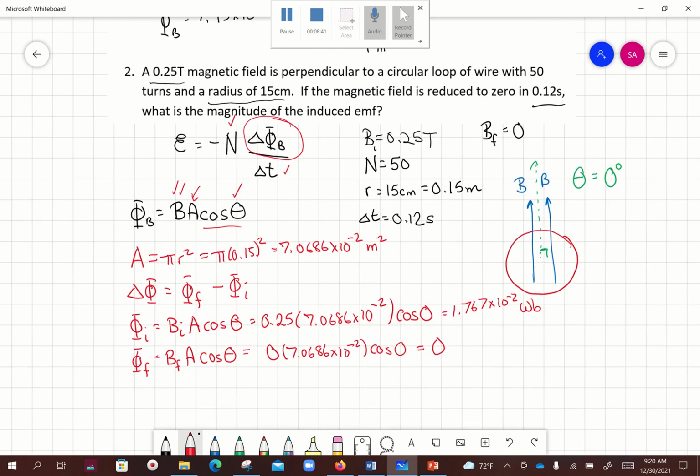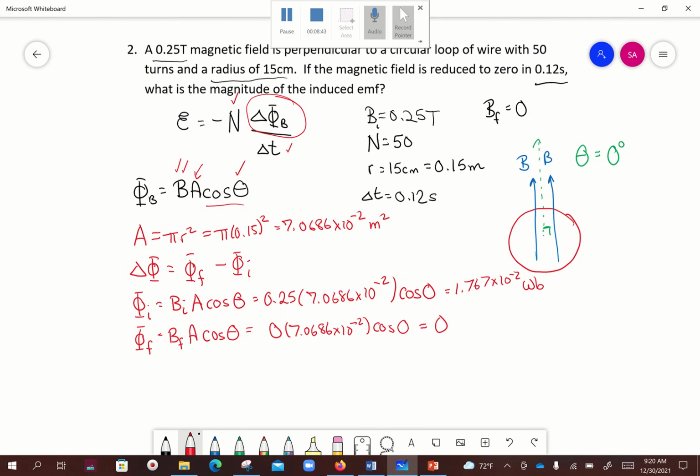So if I go ahead and do the calculation now, let me move that up. Delta phi is going to be phi final minus phi initial. So that's 0 minus 1.767 times 10 to the minus 2. So it's negative 1.767 times 10 to the minus 2 Webers.